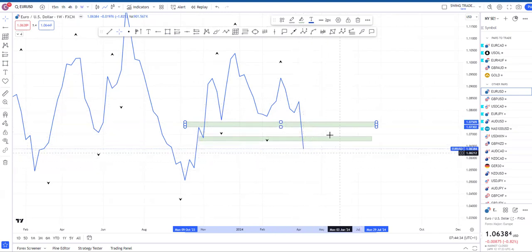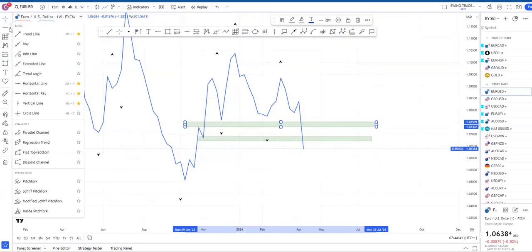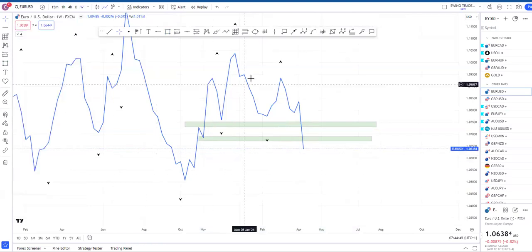And now we are expecting a pullback into any of those regions. When I mean any of these regions, I'm talking about price pulling back into, just a minute, let me get my annotation right. So price pulling back into this area and then dropping. That's what we're anticipating.